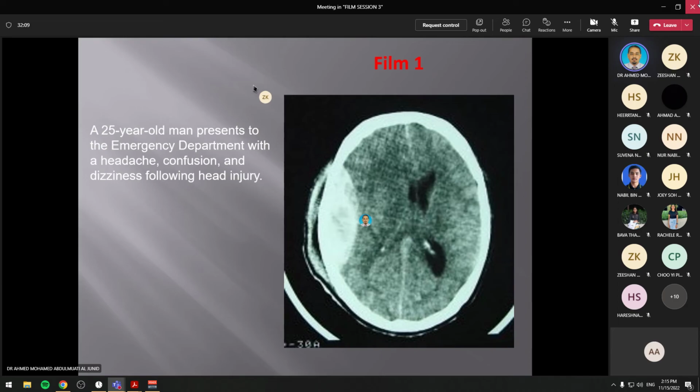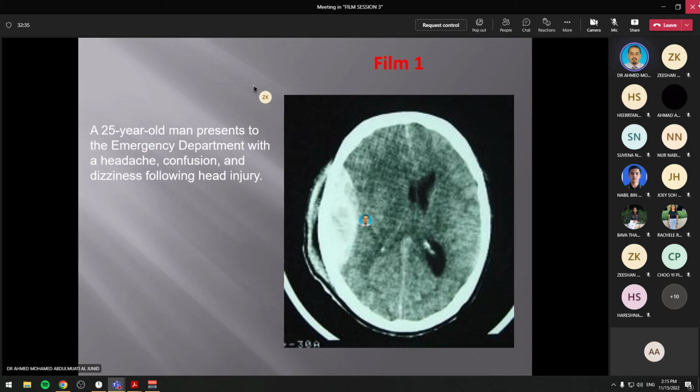The right lateral ventricle is compressed. The contralateral ventricle is dilated. The cortical sulci of the right frontoparietal region are effaced.